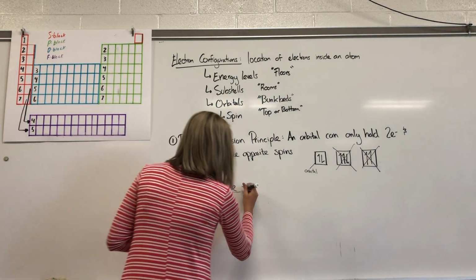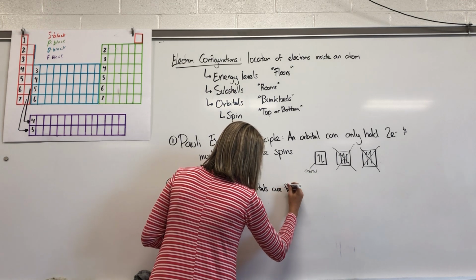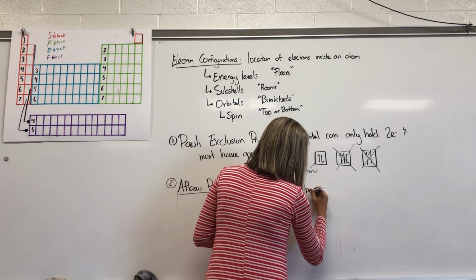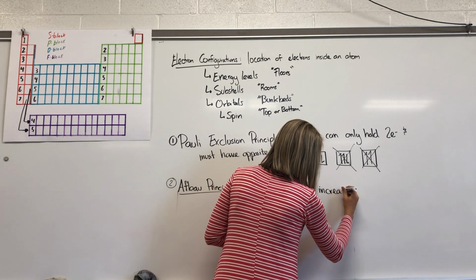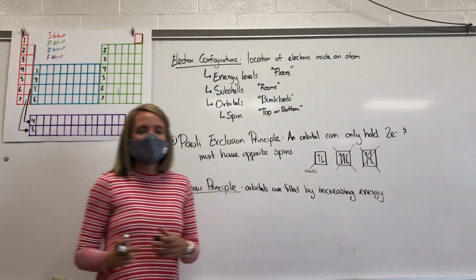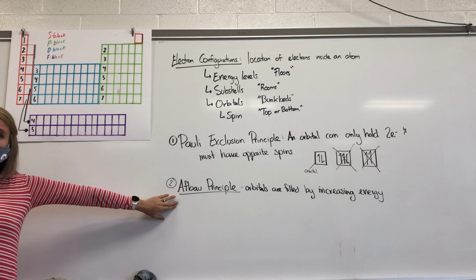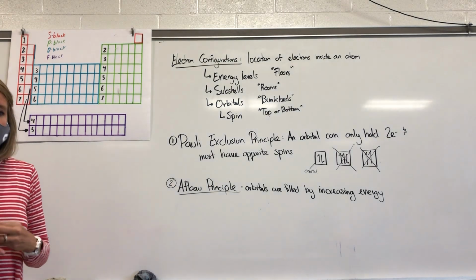The orbitals are filled by increasing energy. Meaning you don't fill up the 7th until you've filled up 1 through 6. They don't just go to higher energy levels. They always start at the bottom and build up. It's often nicknamed the build-up principle because of that idea.